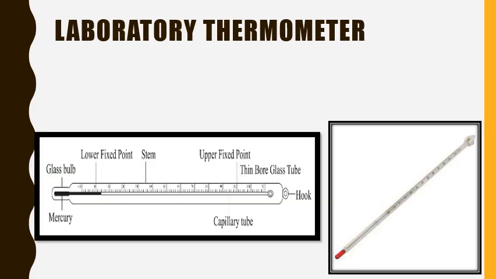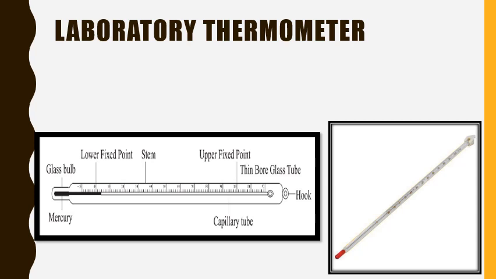The laboratory thermometer is usually used in laboratories. As the name suggests, they are used in the laboratories. Why? To check the temperature during different experiments. They are usually graduated from -10 degrees Celsius to 110 degrees Celsius, but they are also available in versions that measure other temperature ranges.